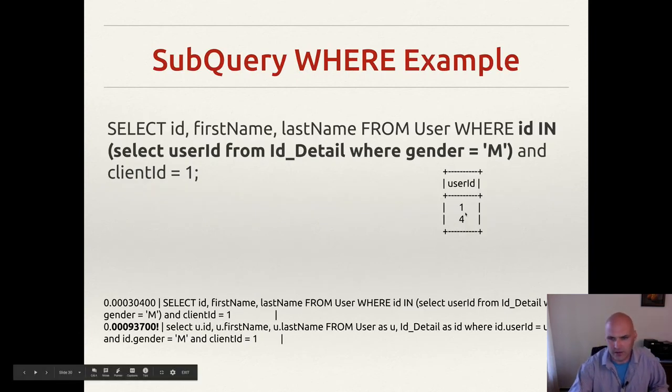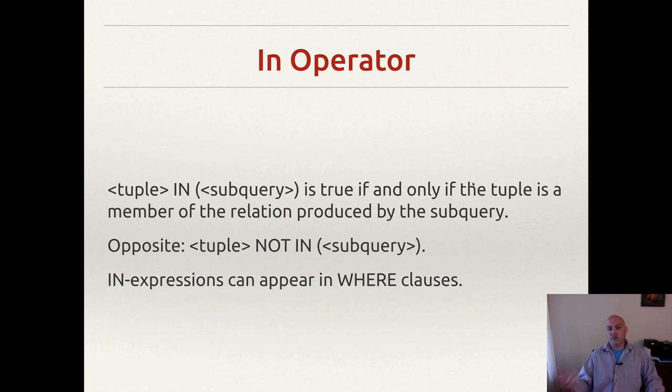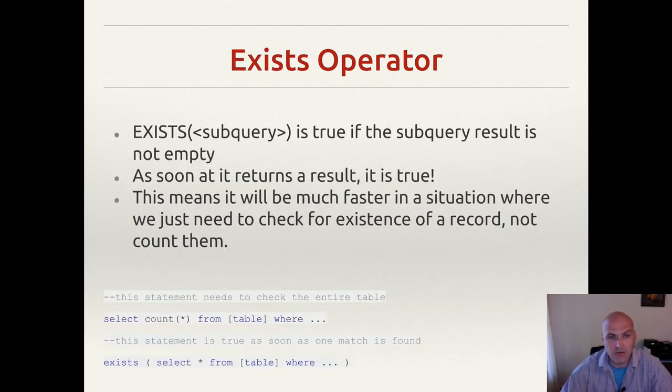We had the 1 and the 4 returned in our user ID subquery. So if the tuple in the main query has the ID in that set, then it's returned, right? You can also use not in, which is the opposite. That would have returned Jane, right? So you can use the opposite of in, which is not in, and that will flip to the other.